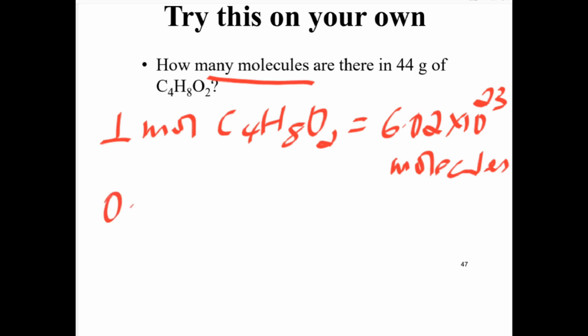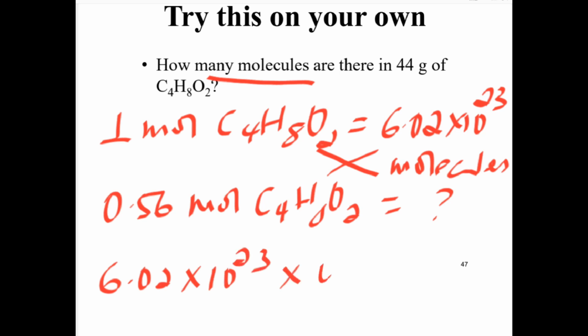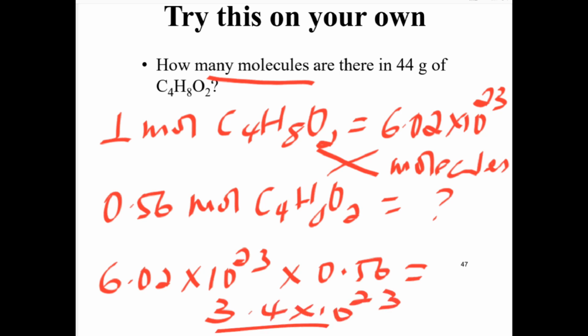So 0.56 moles of butyric acid contains how many molecules? Crisscross: multiply 6.02 times 10 to the power of 23 times 0.56. 3.4 times 10 to the power of 23 molecules of butyric acid are present in 44 gram of butyric acid.